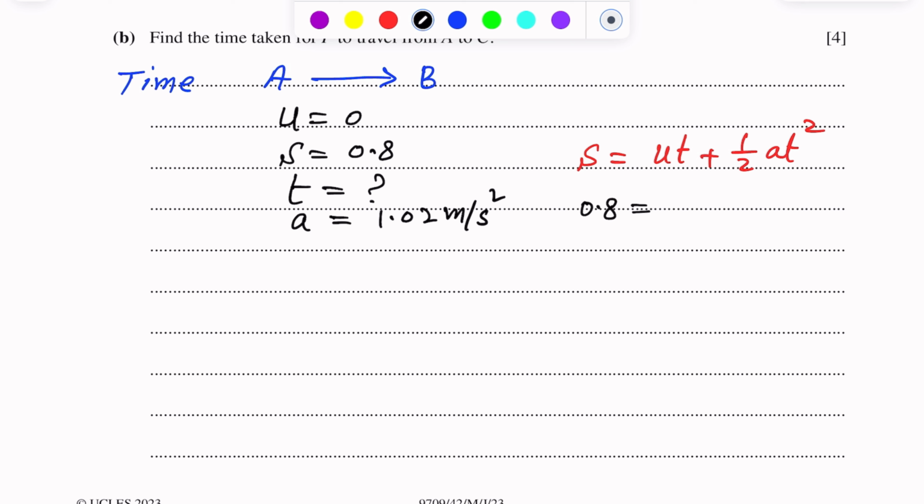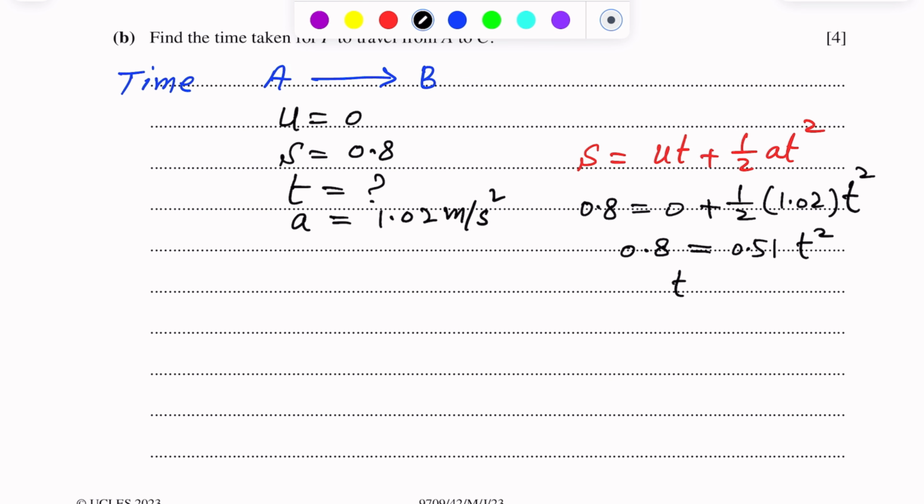Initial speed is 0, so this term becomes 0. 1 over 2 a is 1.02 t square. We have to find the value of t. 0.8 is equal to, simplifying we get this, 0.51 t square.